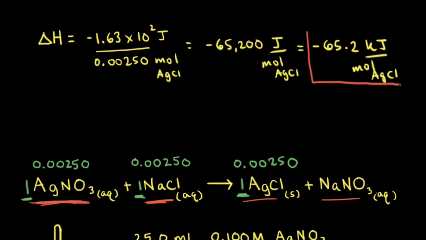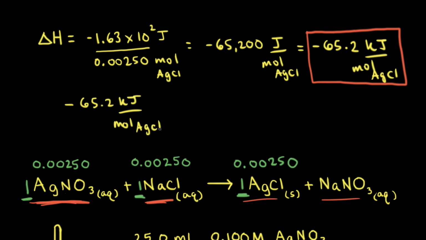We could stop right here and give this as our final answer, but let's keep going and convert to kilojoules per mole of reaction. First, let's rewrite this. We have negative 65.2 kilojoules per mole of silver chloride. And what it means by kilojoules per mole of reaction is how the reaction is written in the balanced equation down here. So if we look at the balanced equation, there's 1 mole of silver chloride for how the reaction is written.